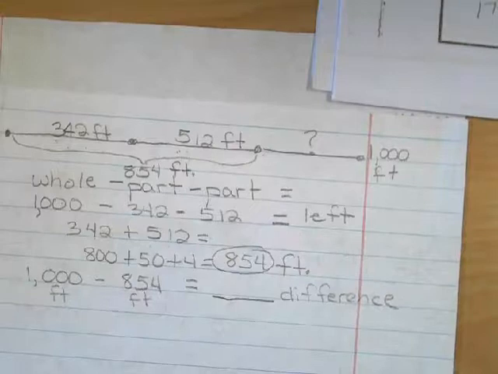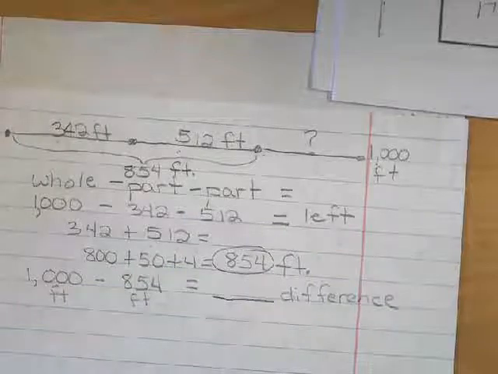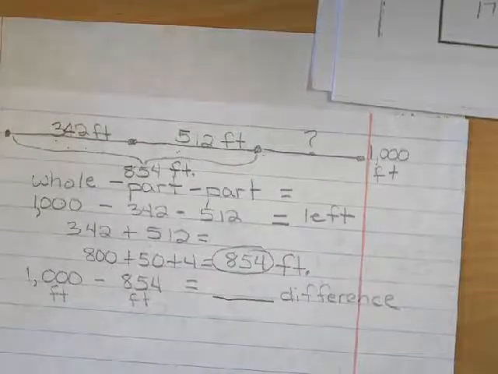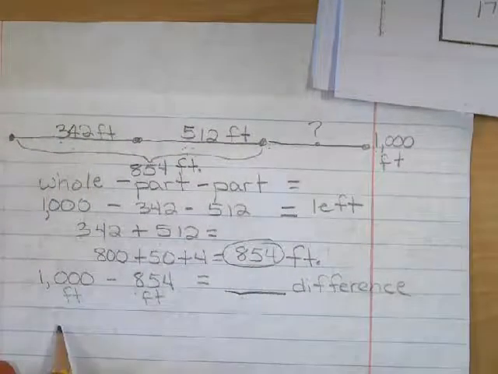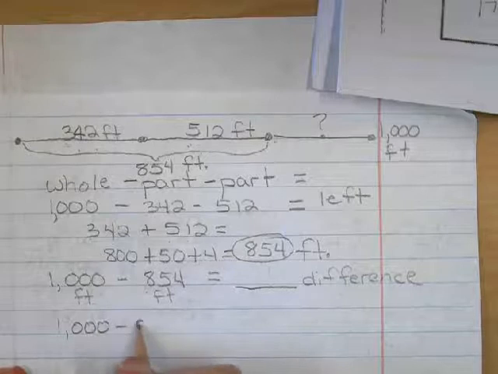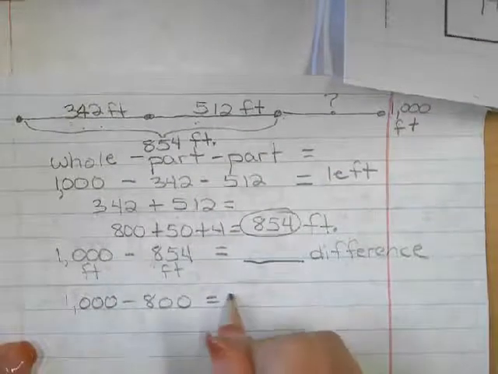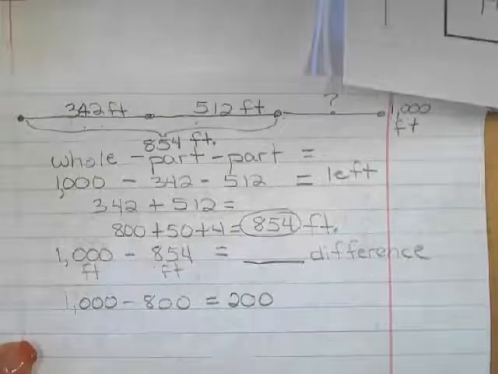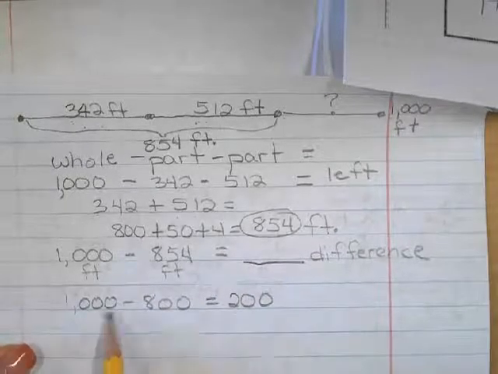So, let's start with subtracting 1,000 minus the 800. So think of 1,000 as 10 hundredths. And we're going to subtract from those 10 hundredths 8 of those hundredths. So if I take 1,000 and I subtract 800, I get a difference of 2 hundredths, because 800 plus 200 is going to give me 1,000.